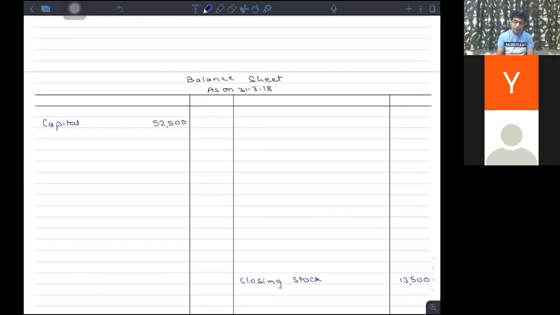We need to do the adjustment of the drawings. We need to do the adjustment of the profit or loss during the year. That's why it will be shown into the inner amount column. Less drawings rupees 1,500. The balancing figure will come within the inner amount column itself, 51,000. All right.